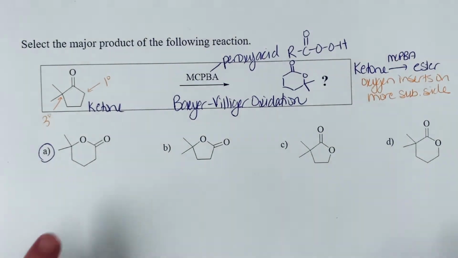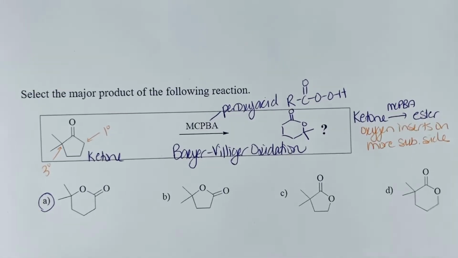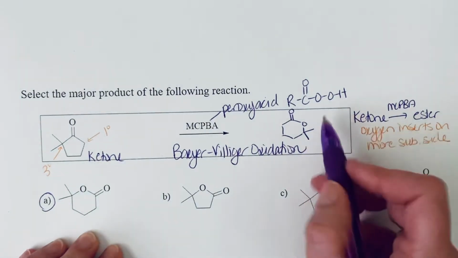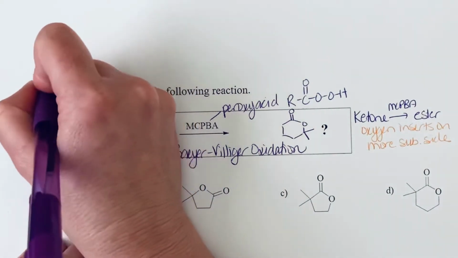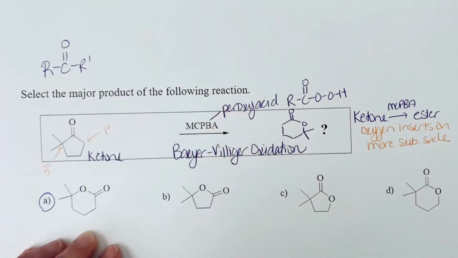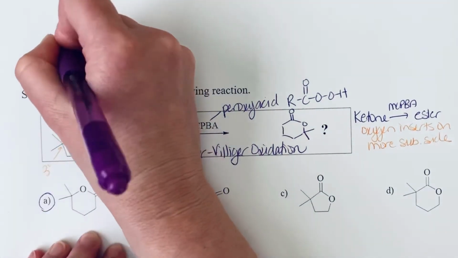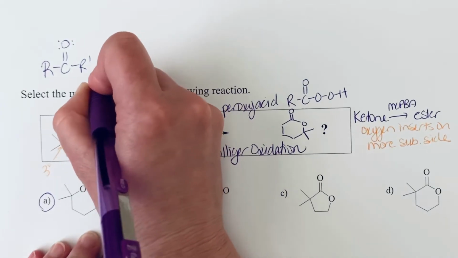Now, as I mentioned in class, you are not responsible for knowing this mechanism, but I do want to show it to you to give you a bit of an idea of what's going on. So I'm going to use the conjugate base of the acid, and I'm just going to draw a generic ketone. And so if we have the conjugate base, I'm going to make the O minus.